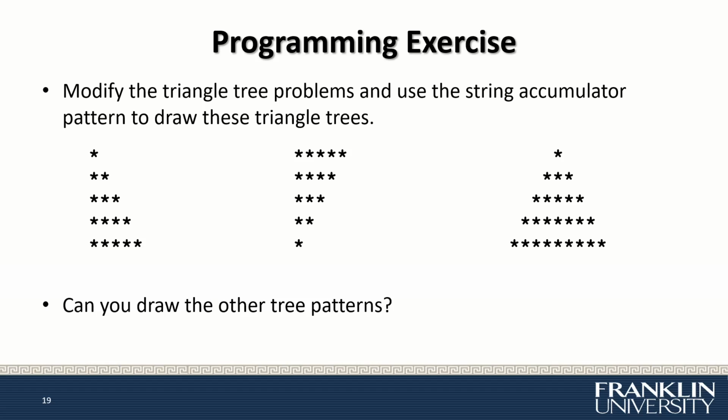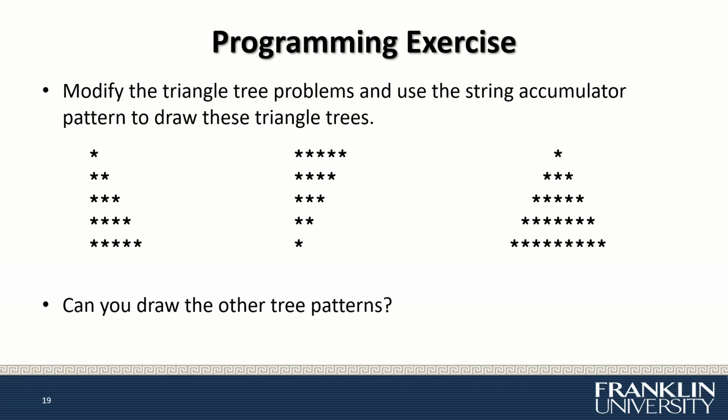Well, how do I use a string accumulator? The string accumulator is for this line. Instead of printing each line with the asterisk, I can create a string with these asterisks in it.